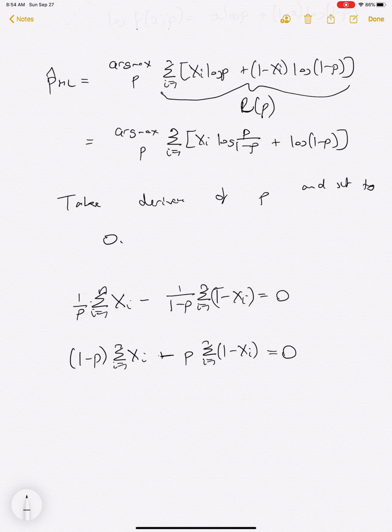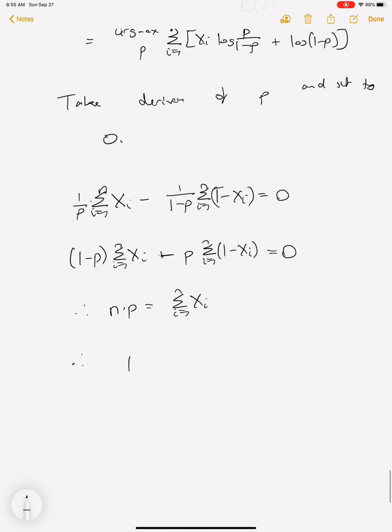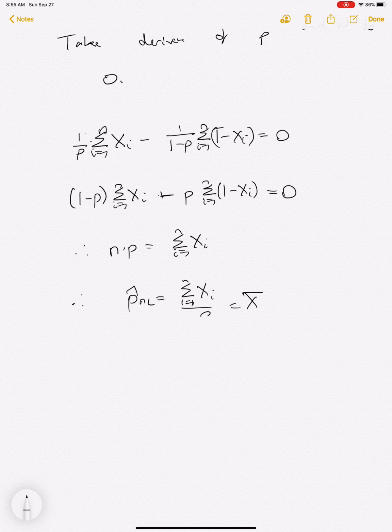So if you multiply through like that, this is what we're going to get. n times p should be equal to, when you rearrange, p hat ML equals the summation i equals 1 to n of xi over n, which is just equal to x bar. Therefore we have p hat ML equals x bar, which is just the sample mean.